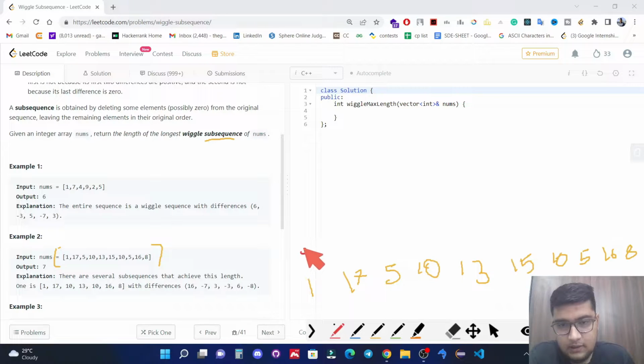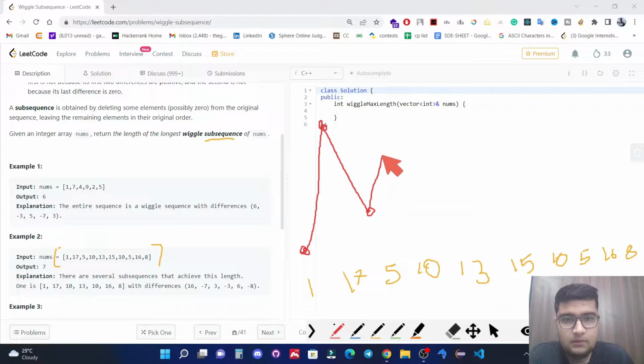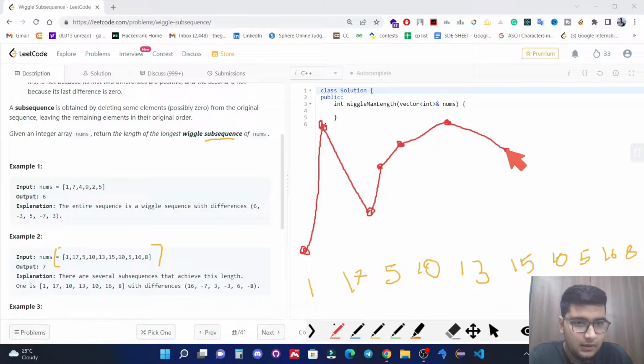So 1 will be here, then 17 will go up, then 5 will come down, then we have 10, then 13, then 15, then 10 will go down, then 5 will again go down, then 16 will go up, then 8 will go down.